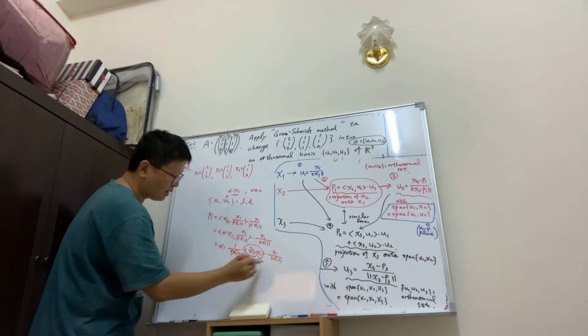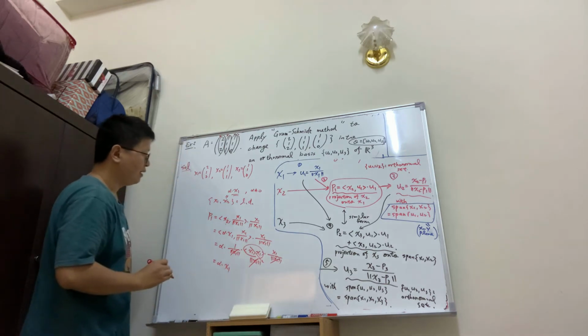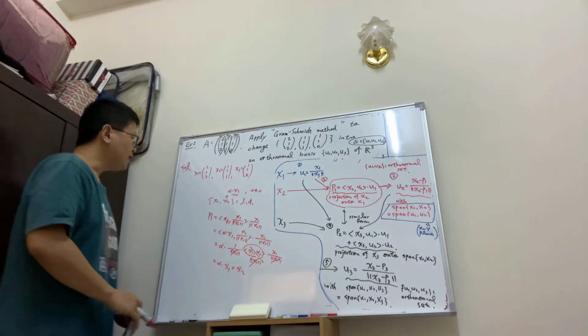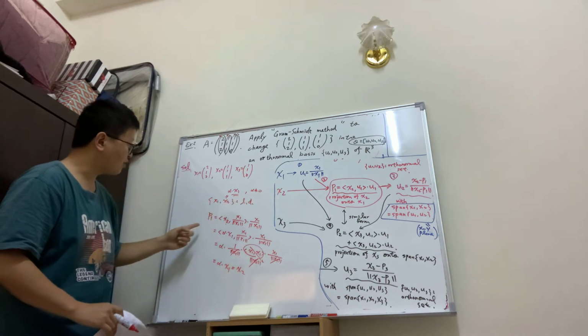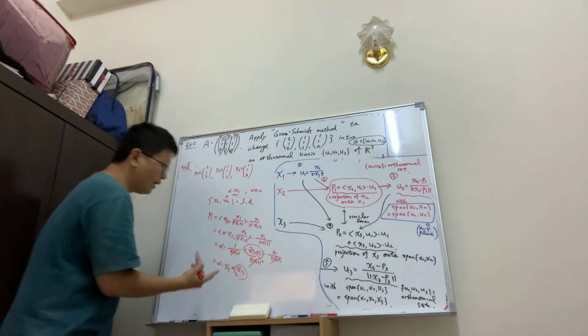So the length cancels, and finally it's alpha times S1. But alpha times S1 is exactly S2, right? So if these two vectors are linearly dependent and you take the projection of S2 onto S1, you will get exactly S2.